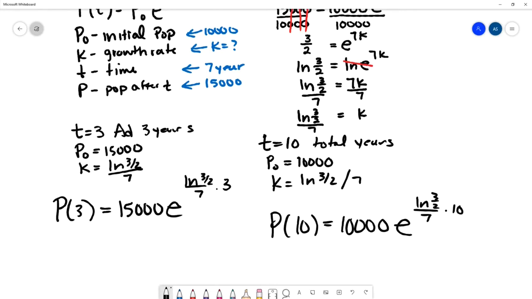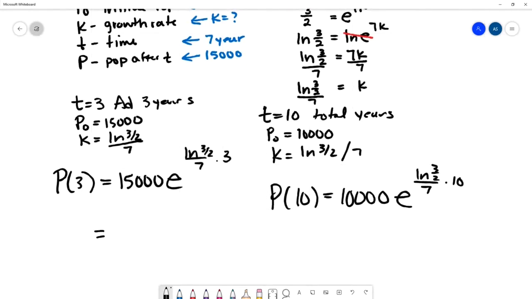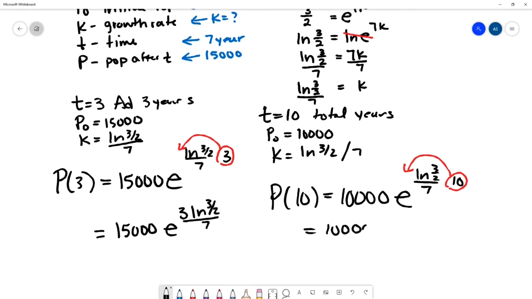We'll type both of these in the calculator, and we should get the same amount with both calculations. To make it a little easier to type in the calculator, I like to type the time in front of the log. So we're going to type 15,000 e to the 3 natural log of 3/2 over 7, and 10,000 e to the 10 natural log of 3/2 over 7. So let's see that in the calculator.